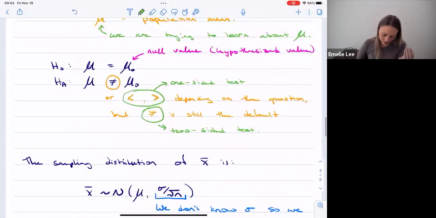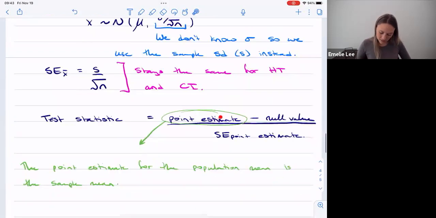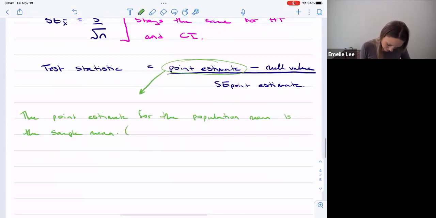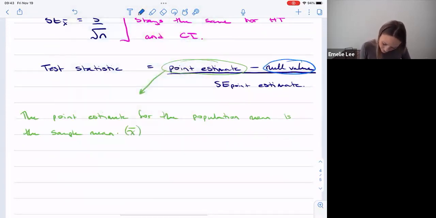We already established that, okay, here, my null hypothesis has to be that mu equals some hypothesized value mu naught, right? And so I can replace this point estimate with X bar, okay? And then I can replace this null value.